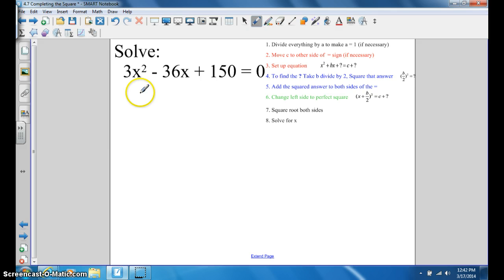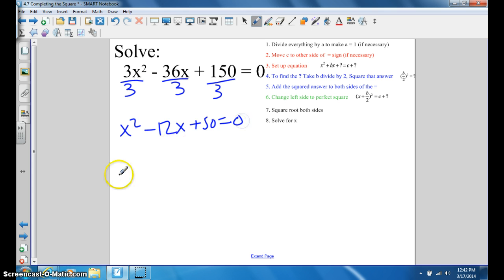And last example here. Our leading coefficient is 3, so that means we have to divide everything by 3. So we have x squared minus 12x plus 50 equals 0. And then get the x's on one side by itself and add in a blank. So gotta add in that something. And then we can also take the next step.